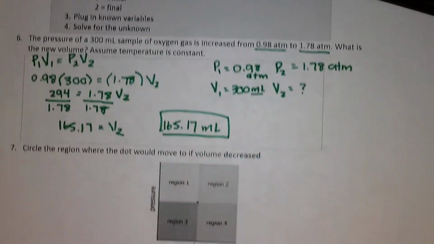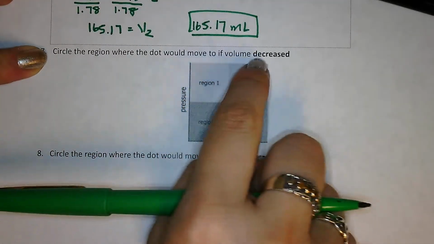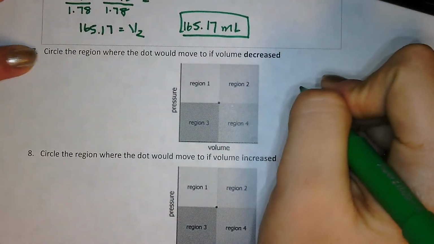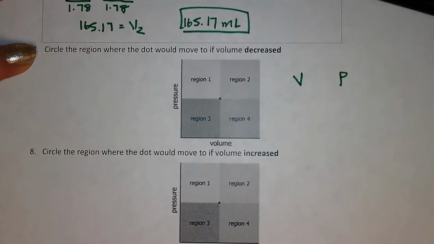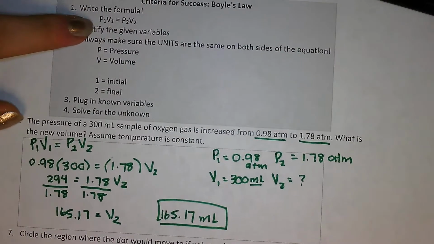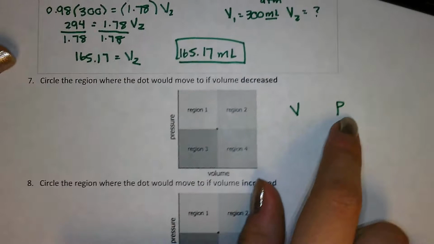All right, next. Circle the region where the dot would move if the volume decreased. How you figure this out is you have to know the relationship between volume and pressure. And that goes for both of these, so we'll get there in a bit. Volume and pressure have an inverse relationship, inversely proportional.